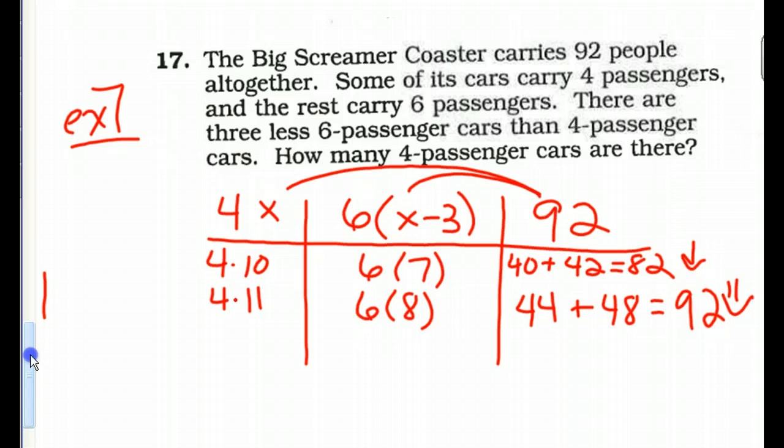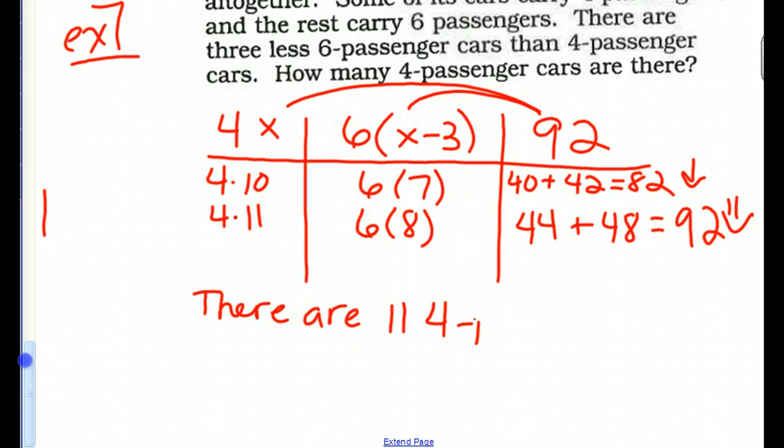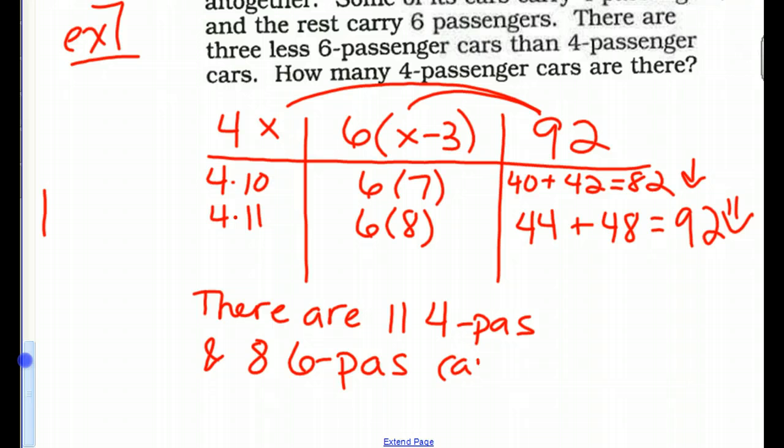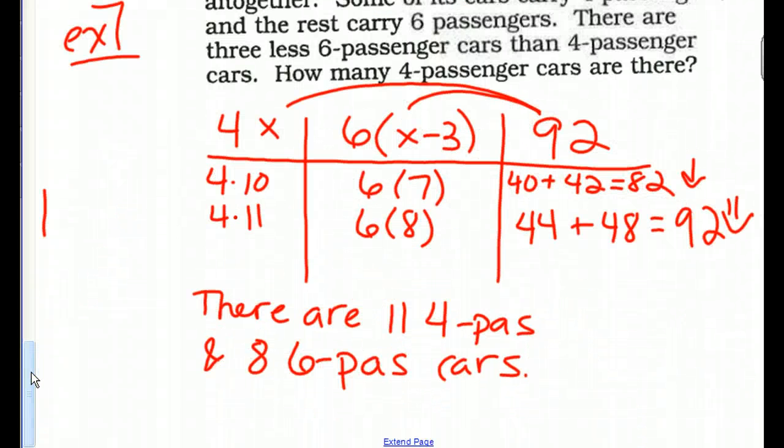So our answer to this question would be there are 11 4-passenger cars and 8 6-passenger cars. All right. So go ahead and start your assignment number 43.